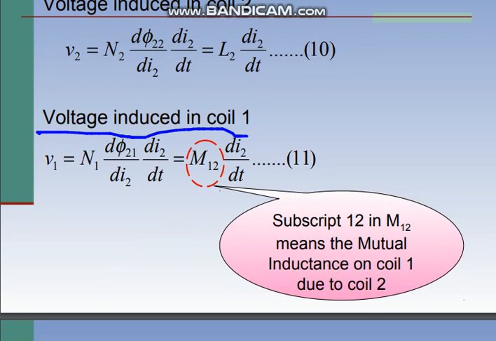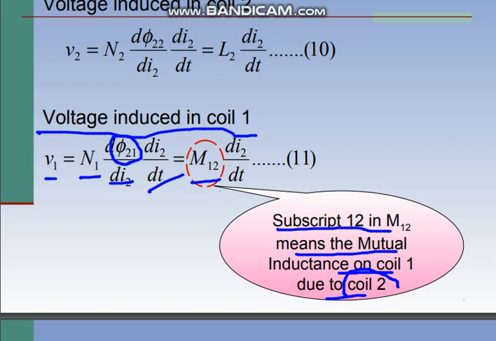Voltage induced in coil 1 is V1 equals N1 d phi 21, that is the mutual flux, divided by di2, times di2 by dt. Now we can say the subscript 12 in M12 means the mutual inductance on coil 1 due to coil 2. That means the mutual inductance is created by coil 2.